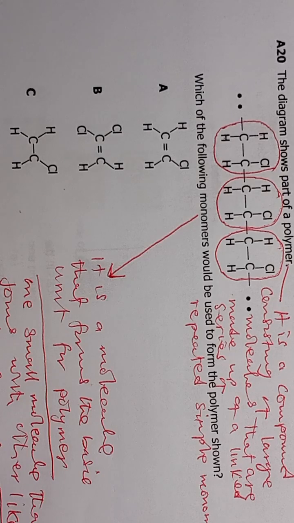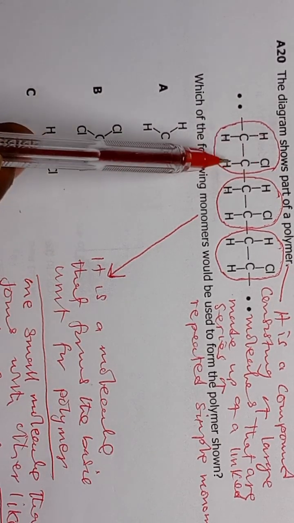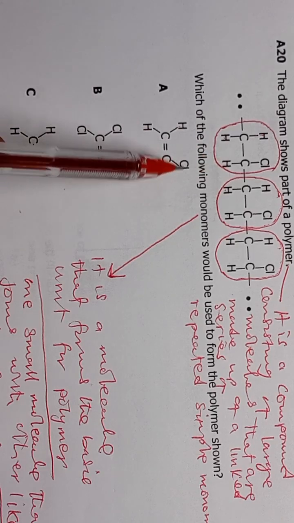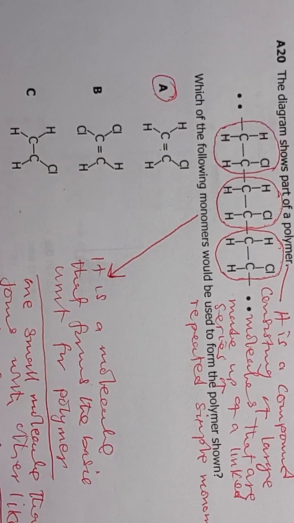Now, remember that the unsaturated hydrocarbons are the ones that undergo polymerization. In other words, those that have got a double bond or a triple bond. So in this case, let us compare hydrogen, hydrogen, chlorine, hydrogen with a double bond. So this is the answer.